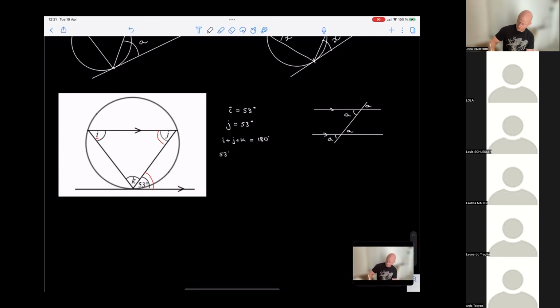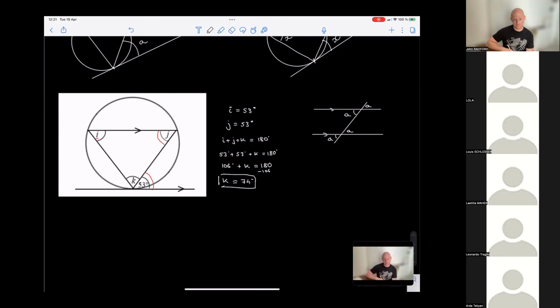In other words, 53 degrees plus 53 degrees plus K equals 180. If I add these two together, 53 plus 53 is 106. So 106 degrees plus K equals 180. In other words, K is equal to 180 minus 106. So K is equal to, I cannot think to save my life anymore, 74 degrees.